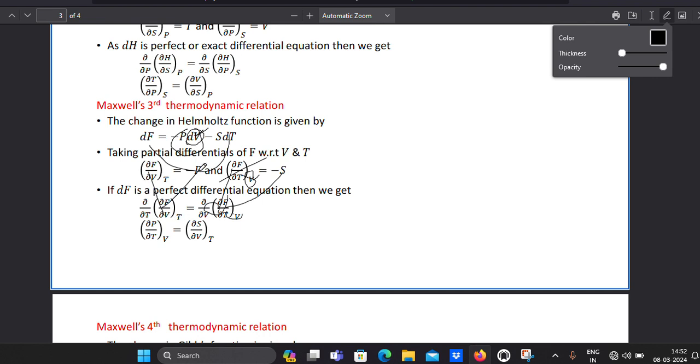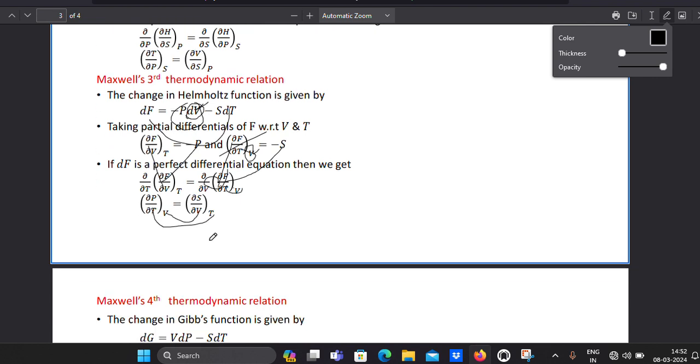If you substitute minus P, minus dou P by dou T, and here minus dou S by dou V, the minus gets cancelled on either side. So dou P by dou T equals dou S by dou V, with V constant here and T constant here. Okay friends, so this is the third thermodynamic Maxwell relation.